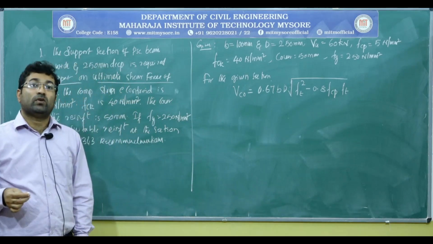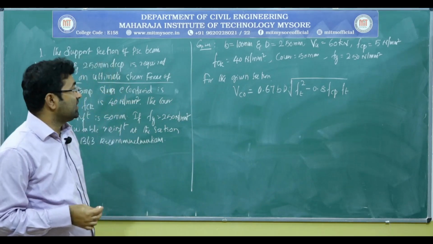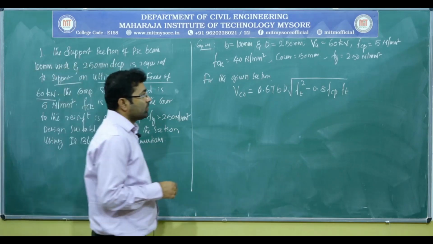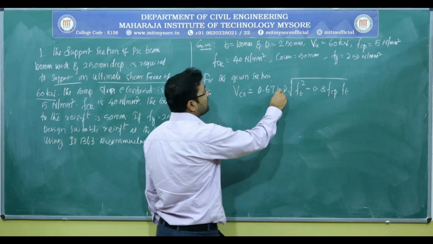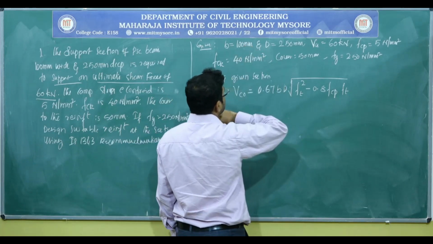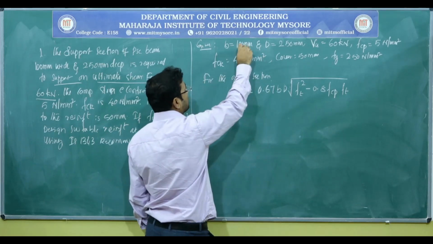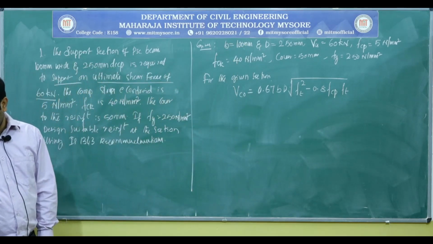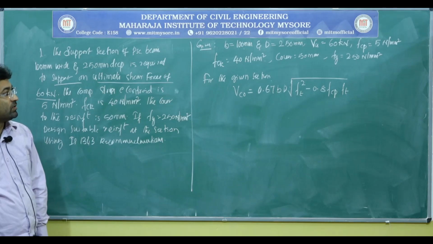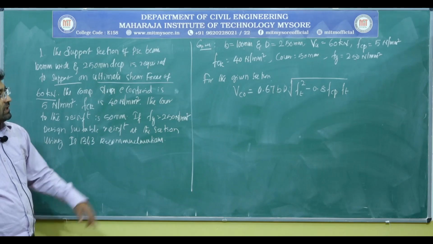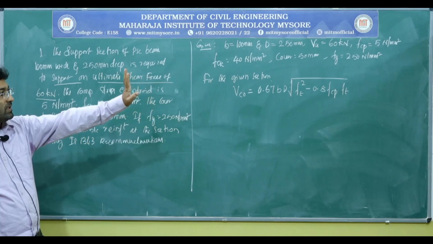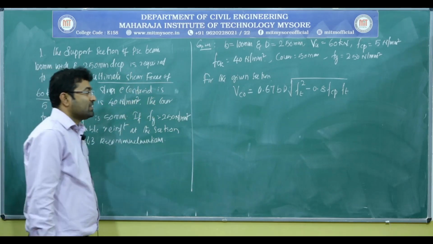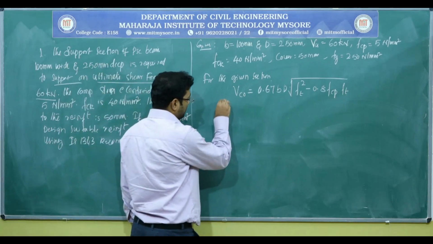Using this formula, we have to calculate the ultimate shear resistance capacity of the beam, right? So here we know B, the breadth of the beam, is 100 millimeter, and the depth of the beam is 250 millimeter. Then we have FCP given. The only thing we need to work out is Ft, that is the tensile strength of the concrete.